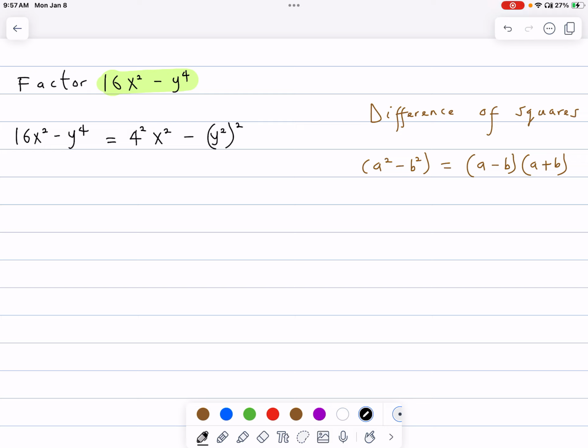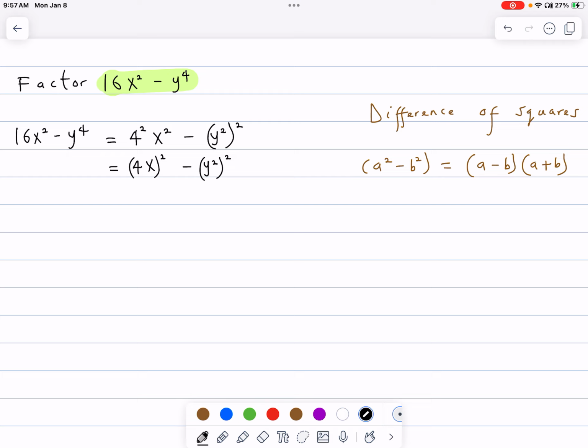Now, using the rule of exponents, I can write the first term, which is 4 squared x squared, as (4x) squared minus (y squared) squared, right? So this now is in the form of the difference of squares.